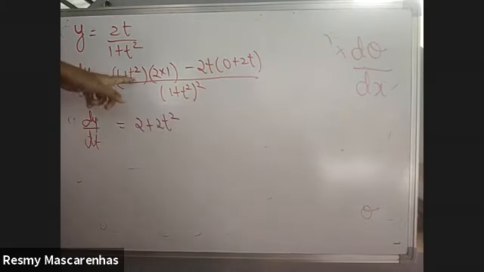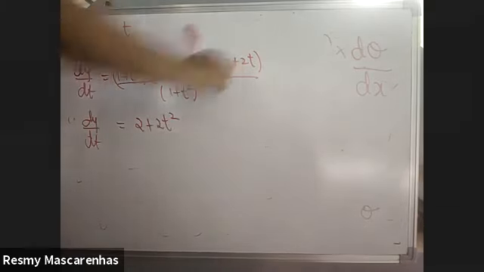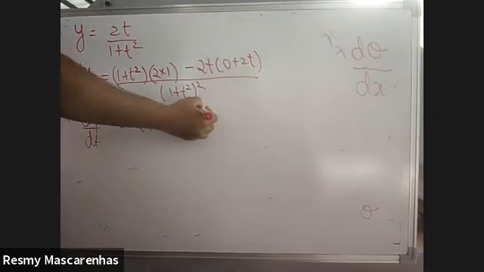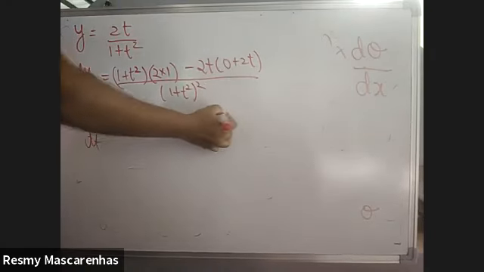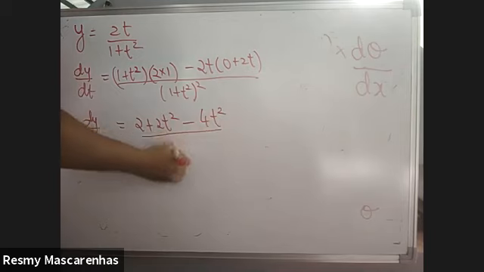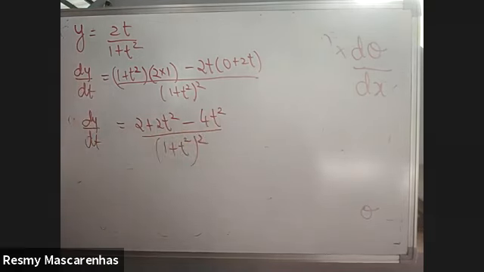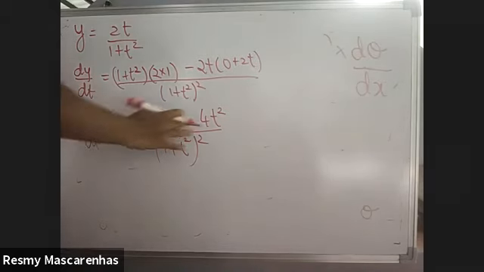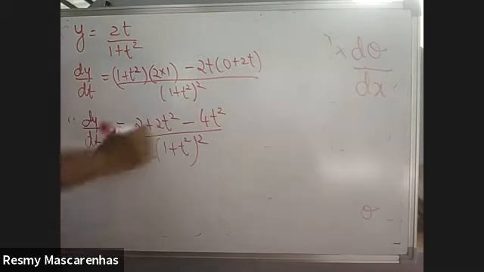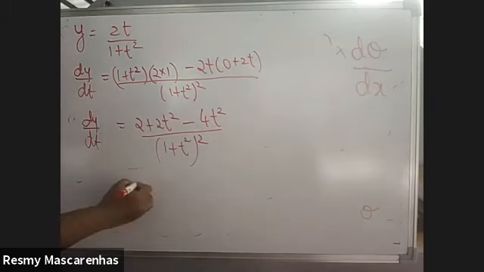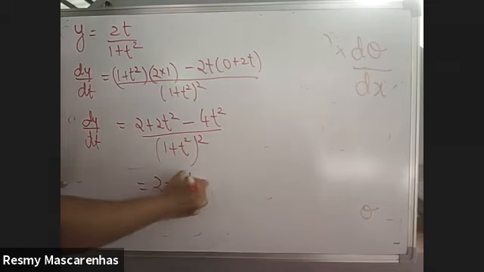Two will get multiplied to both the terms. Minus into plus will give minus 4t square upon 1 plus t square the whole square. Both of these terms are same. So 2 minus 4 will give you minus 2. So you will get like this.